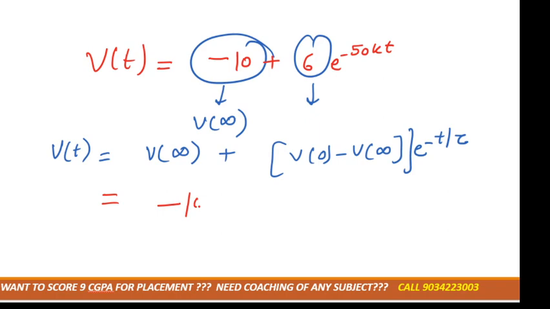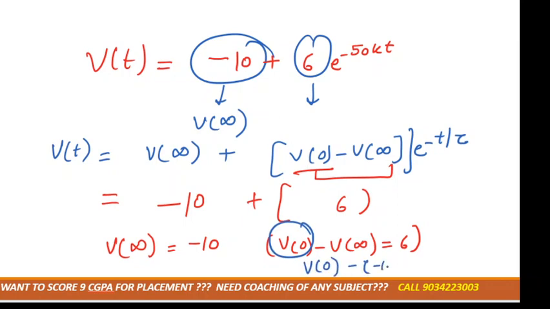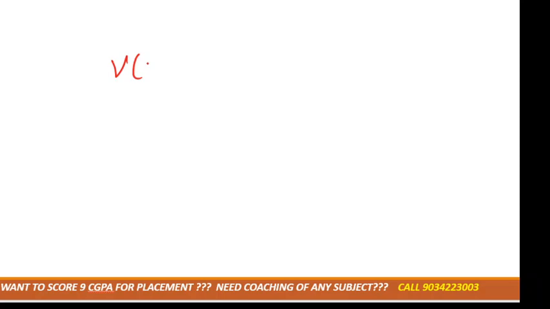V infinity we know, that is minus 10, V0 we don't know, but we know that V0 minus V infinity is 6, right? So V0 is 6 plus minus 10, that is 6 minus 10, we got minus 4. So we got V of 0 as minus 4, right?